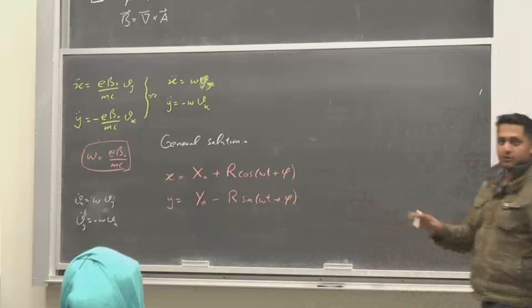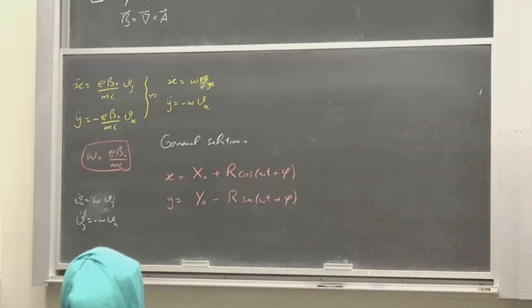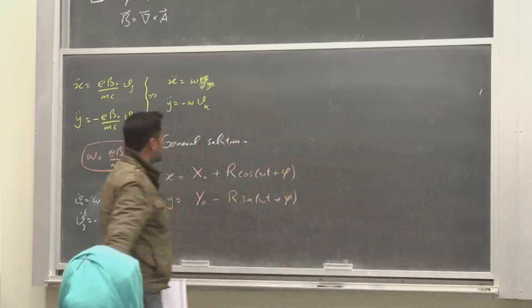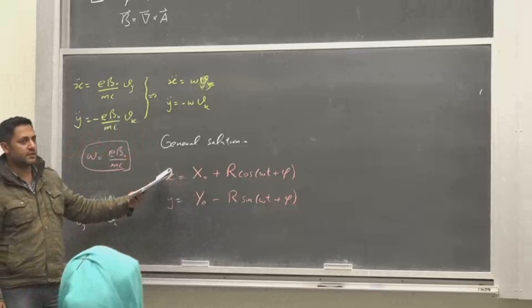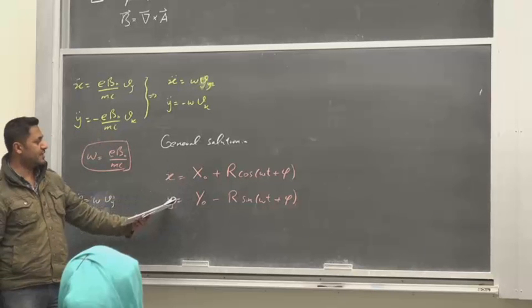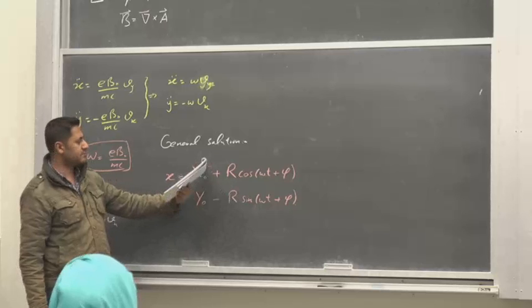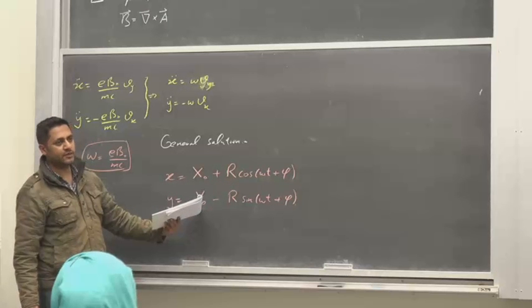What kind of motion is this? Right now I have applied only a magnetic field, no electric field. This is giving me circular motion. If I square and add, x square plus y square, I get a circle centered around x naught and y naught.